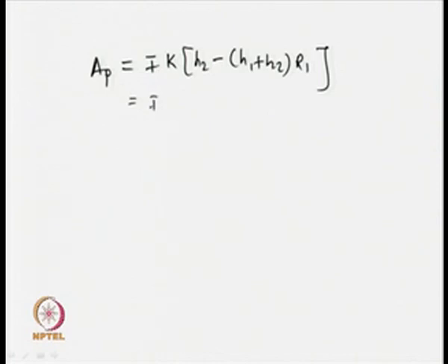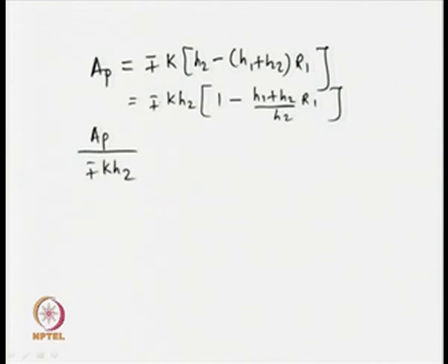So, minus plus k H 2 times 1 minus H 1 plus H 2 by H 2 times R 1. Is it okay? Then I can write A p by minus plus k H 2, taking this term to the left hand side, is equal to 1 minus H 1 plus H 2 by H 2 times R 1.